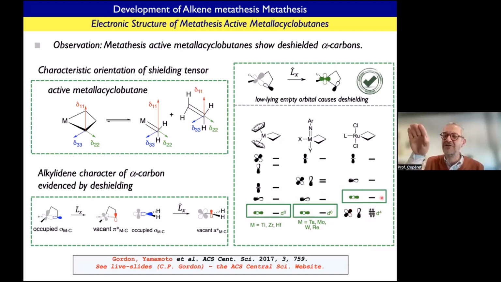The fact that there is this low-lying empty orbital pointing into the ring drives the electronic structure of this molecule. That's why they have very similar chemical shifts, and that's why this alpha carbon is deshielded. It is deshielded because there is a low-lying pi star, which obviously you don't see if you write the Lewis structure. But NMR tells you that the Lewis structure is an easy approximation to help draw molecules, but doesn't tell you anything about the reactivity of the molecule.